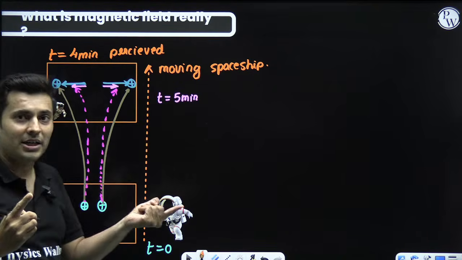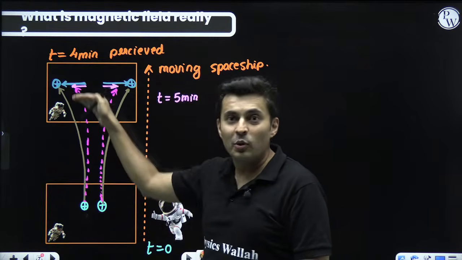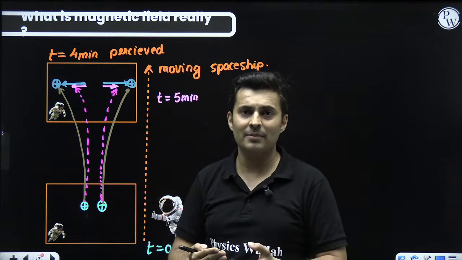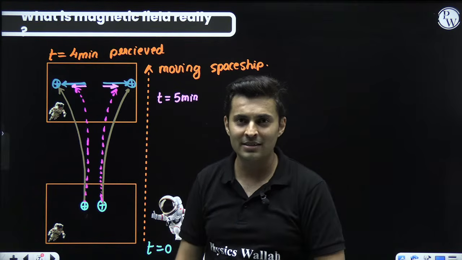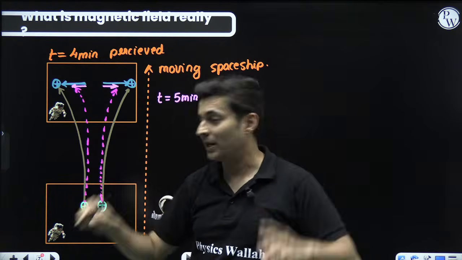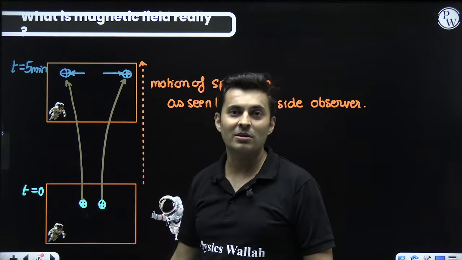So think about it. If for this observer the moving spaceship has only had time progress by 4 minutes, obviously in those 4 minutes those charges can't move so much. What was expected as seen by this observer?